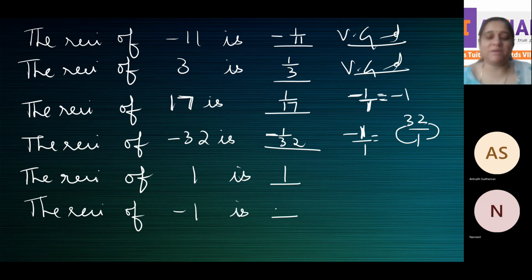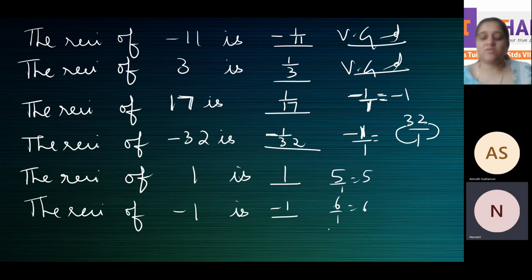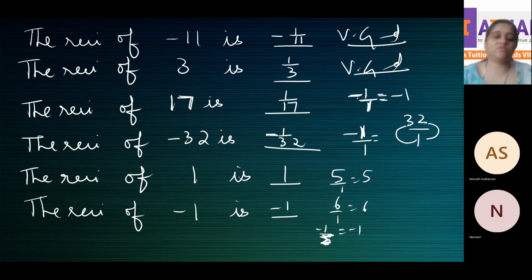Minus 1 by 1 is nothing but minus 1, like how 5 by 1 is 5, and 6 by 1 is 6. You can just take out this denominator 1. It's minus 1. So what do you observe? The reciprocal of 1 is itself. The reciprocal of minus 1 is itself.